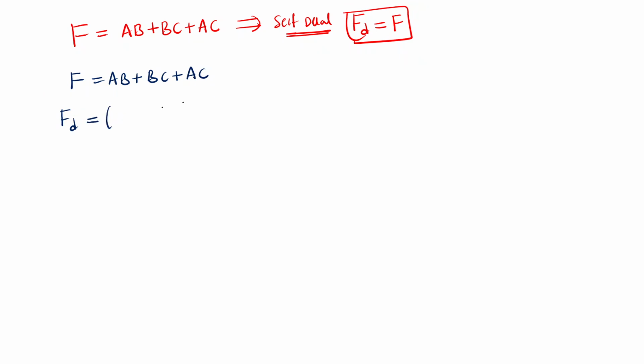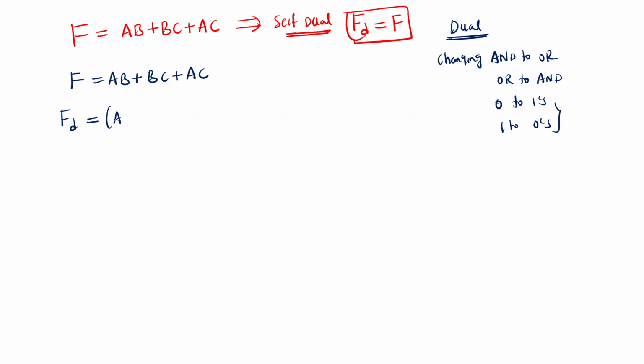We already saw: changing AND to OR, OR to AND, zeros to ones and ones to zeros. So here I'm applying that, so that means (A or B) and (B or C) and (A or C).